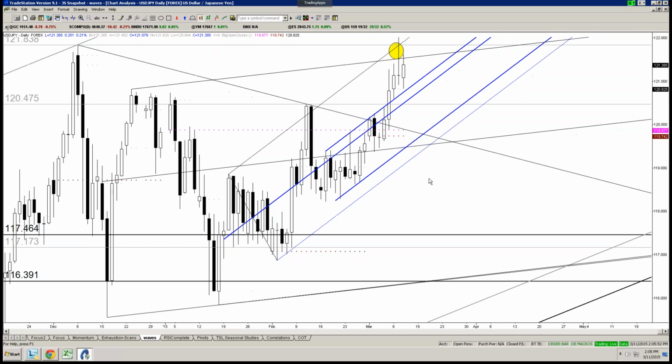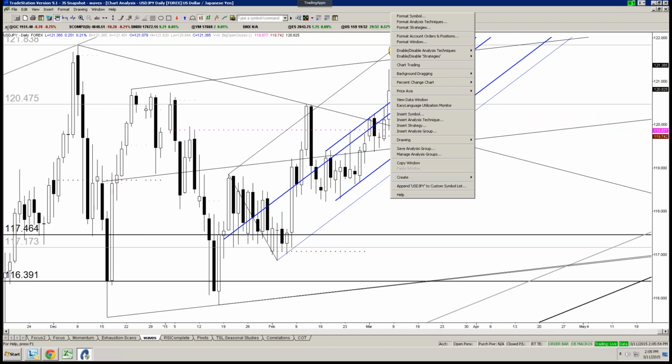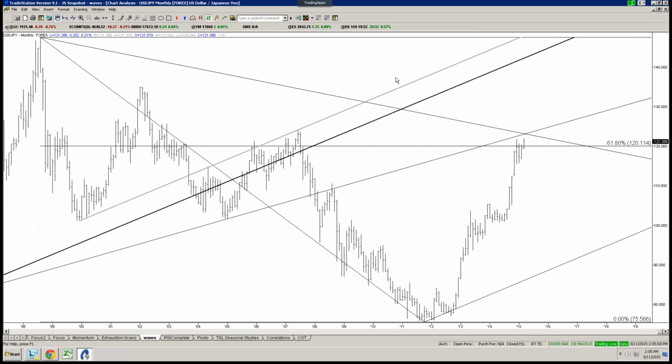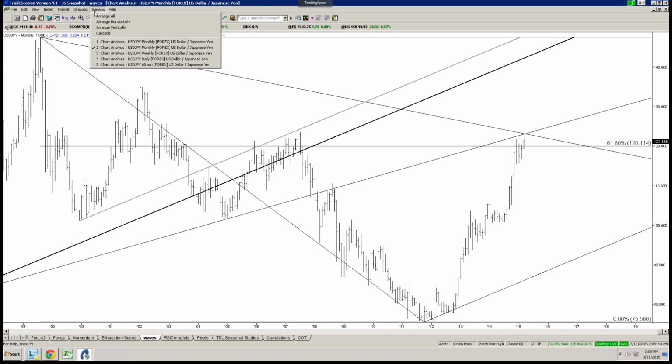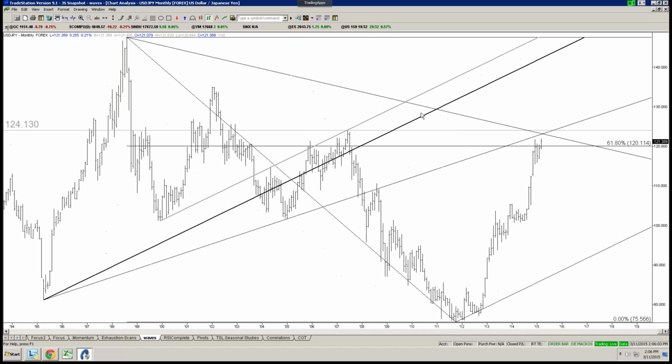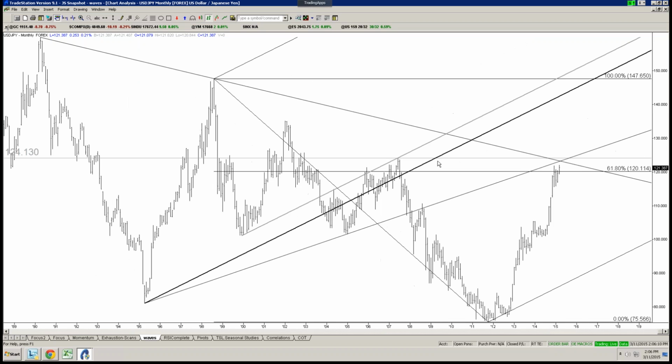Oh, you're talking about that one. Yeah. Okay. So yeah, near 123. This is a monthly chart, so it doesn't get much bigger than this. There's the 2007 high at 124.13. And then you can see these lines.